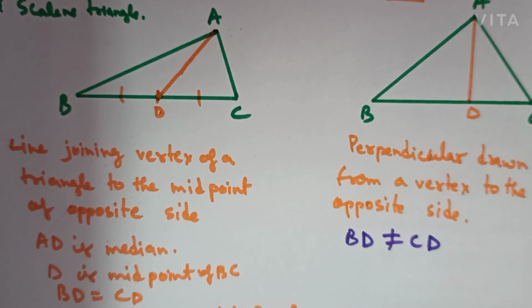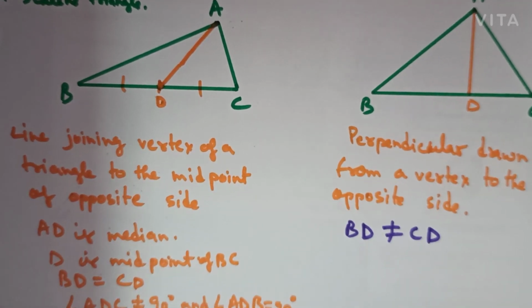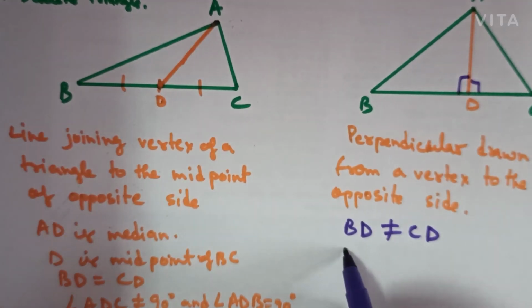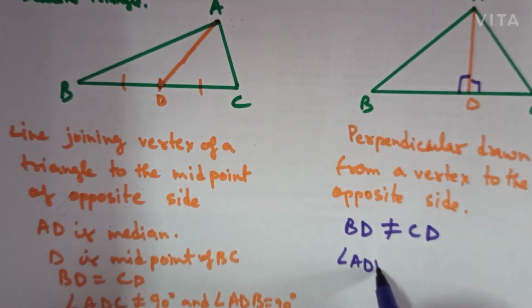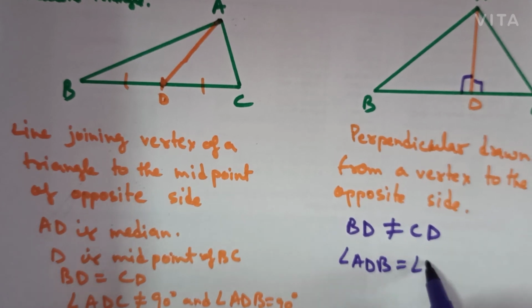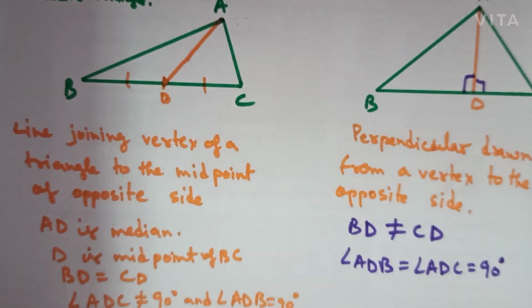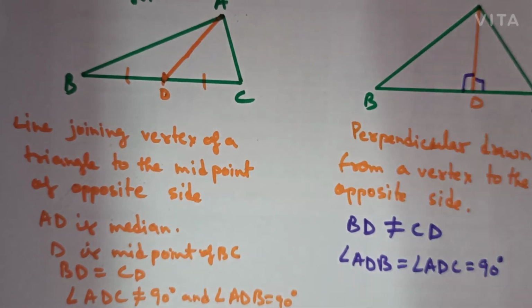But since it is the altitude, angle ADB will be equal to angle ADC, which is equal to 90 degrees. Angles are equal to 90 degrees, but BD will not be equal to DC, and D is not the midpoint of BC. I hope this point is clear.